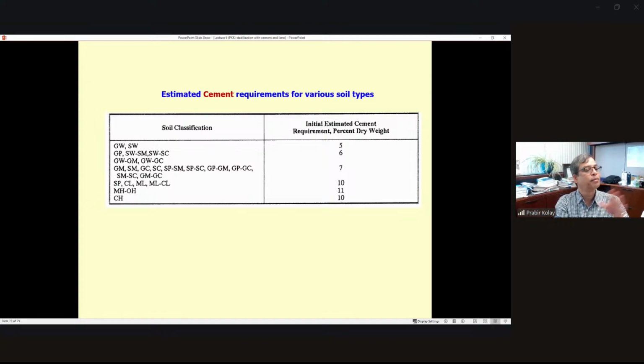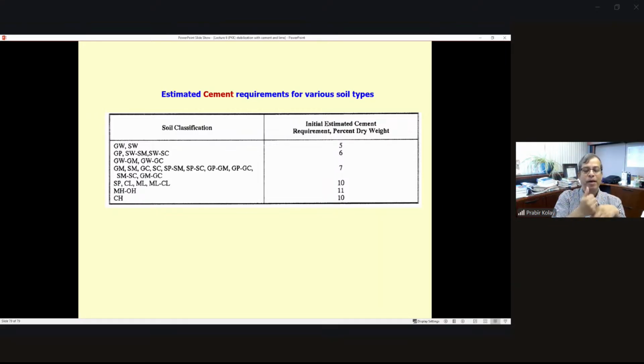This will give you some guidelines, as I mentioned. If you use well-graded gravel and sand as per USCS classification, these are all USCS symbols, it is 5%. If it's well graded, 5% to 6%. If it's poorly graded, it is a little bit more. A well graded soil has all the different size particles, right?